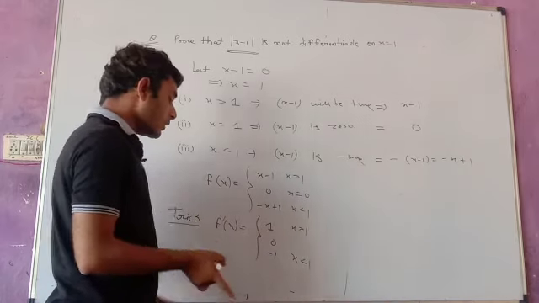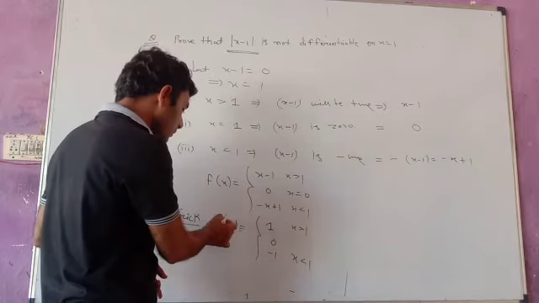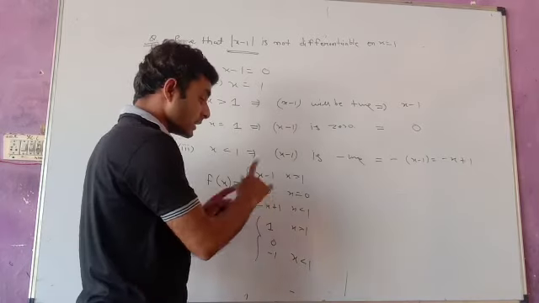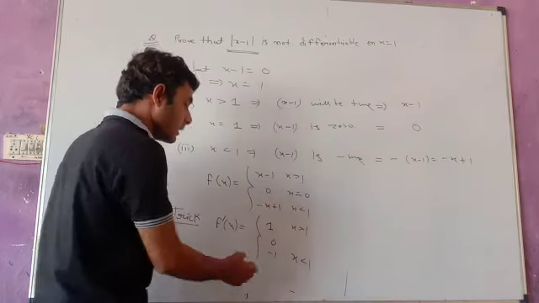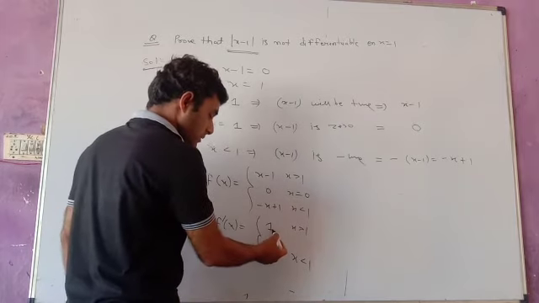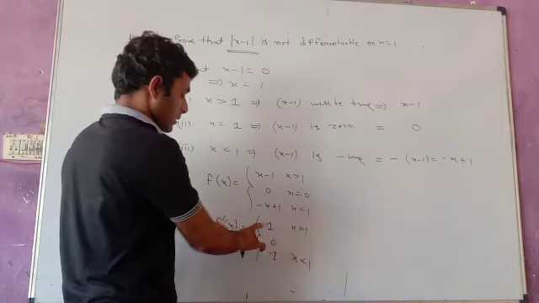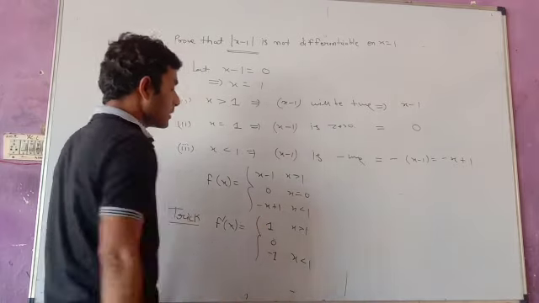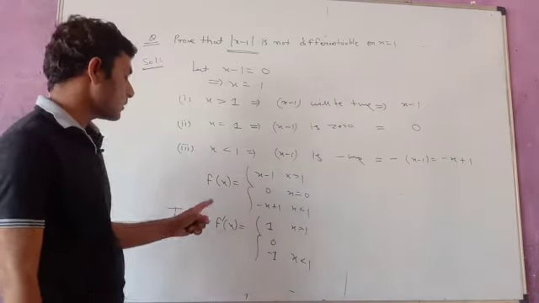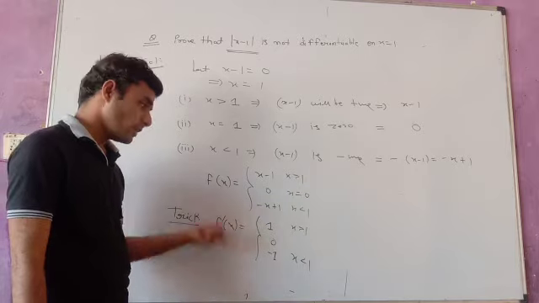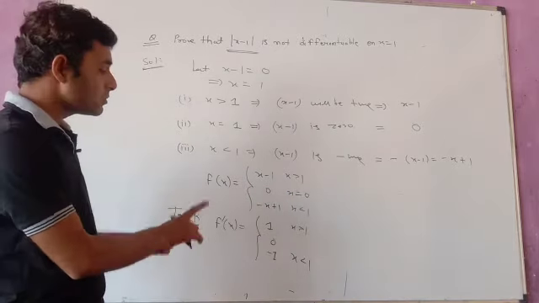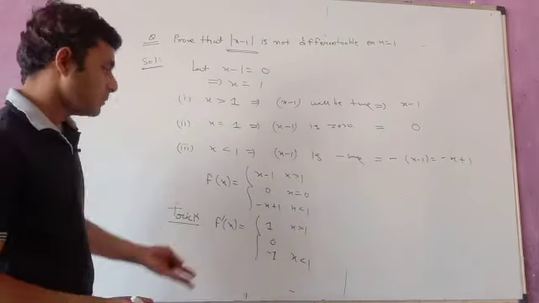The values of our derivative when x is greater than 1 and x is less than 1 are different. First is 1 and second is minus 1. Values are different, so the given function is not differentiable at x equals 1. But we have to solve it by our complete process.